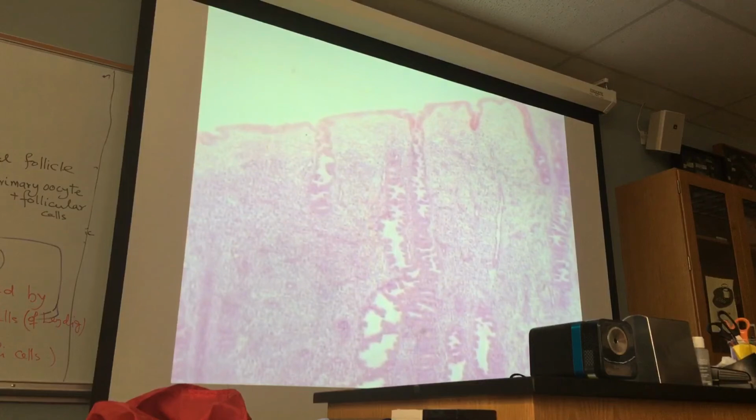The endometrium, functional layer is ready for implantation of the fertilized egg, the developing embryo. And this functional layer is highly vascularized, that means it's richly supplied with blood vessels. These endometrial glands secrete in anticipation of implantation.